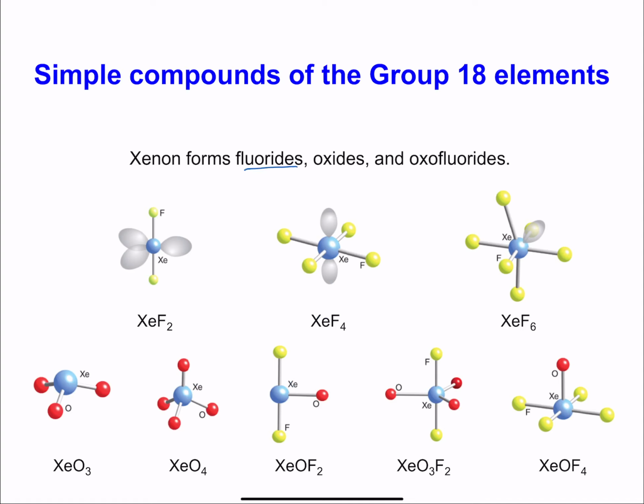All right. So we said this group is very stable, not easy to form compounds, right? But some of them, for example xenon, which we are showing here, do form compounds with fluoride, oxide, and oxofluoride. The reason is that when you move from top to bottom, the electrons of xenon become floppy.